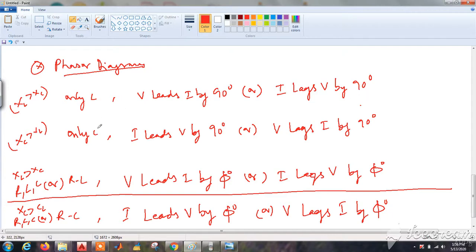And similarly the opposite is the case when a pure capacitor is present, I am telling, pure means without R, only capacitive reactance is there, or else capacitive reactance is dominating more than XL, as we have seen in our LC connected circuit. In that, current leads the voltage by 90 degrees, or voltage lags the current by 90 degrees.